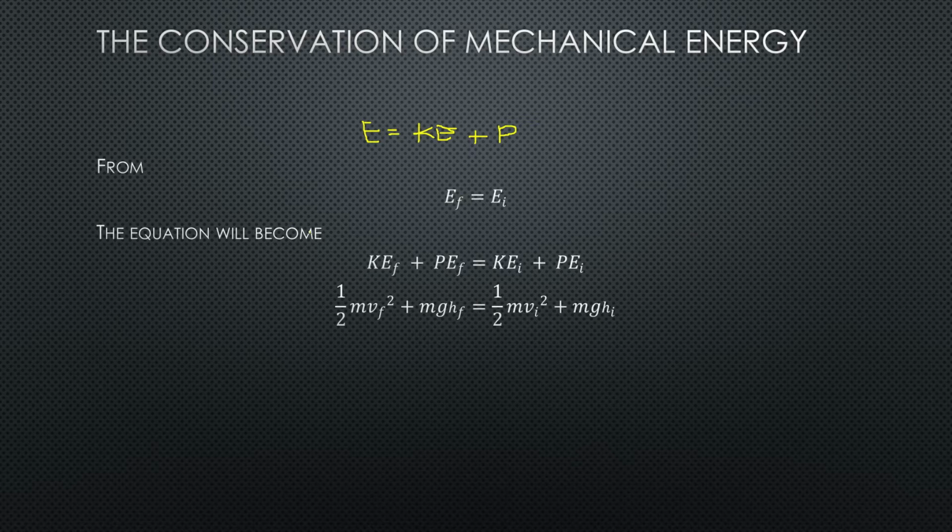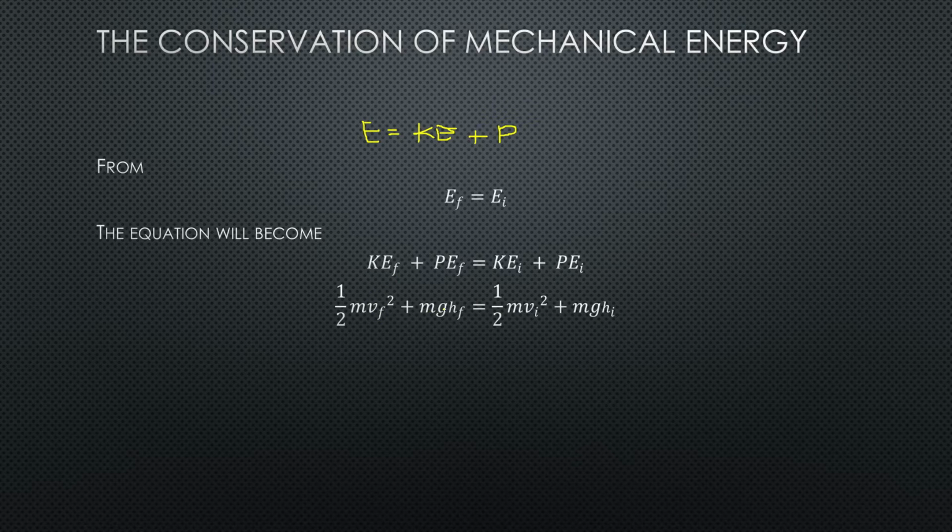So the equation becomes, for final mechanical energy, kinetic energy final plus potential energy final will be equal to kinetic energy initial plus potential energy initial. Substituting the formulas of kinetic energy and potential energy, kinetic energy is 1/2 mv squared, since it's final speed or velocity.